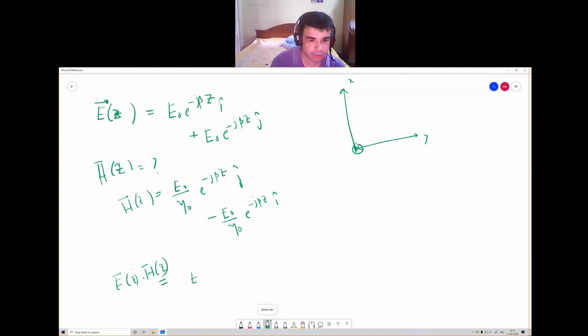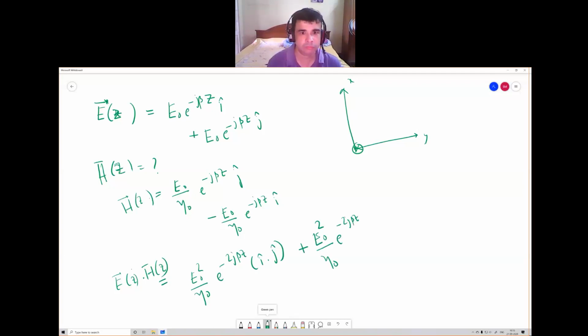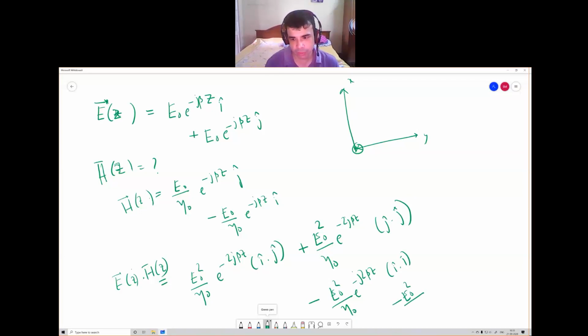This dot product will be E naught squared over eta naught e to the power of minus 2j beta z i dot j, plus E naught squared over eta naught e to the power of minus 2j beta z j dot j, minus E naught squared over eta naught e to the power of minus 2j beta z i dot i, and finally E naught squared over eta naught e to the power of minus 2j beta z j dot i.